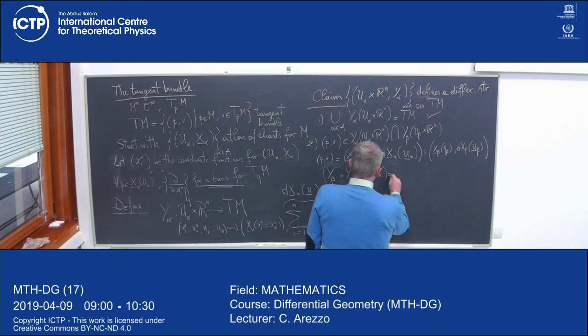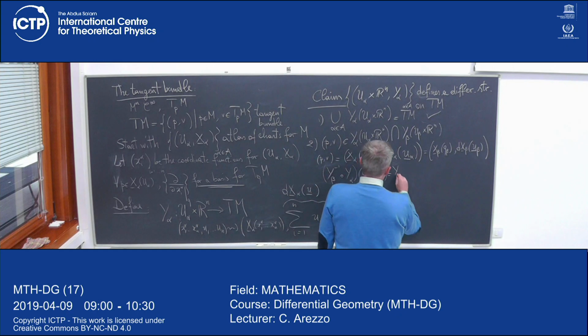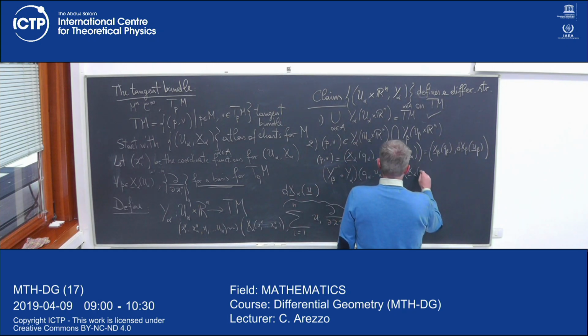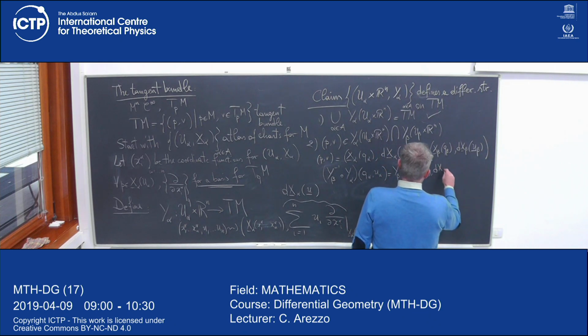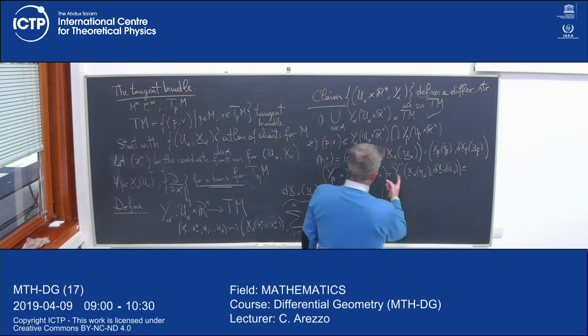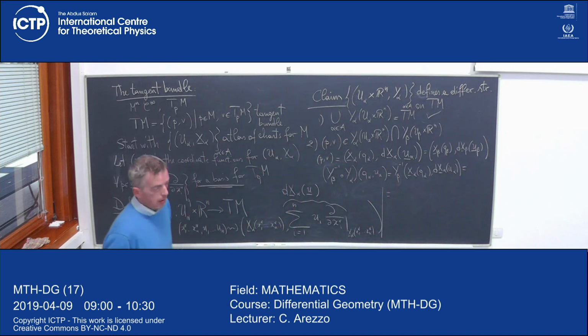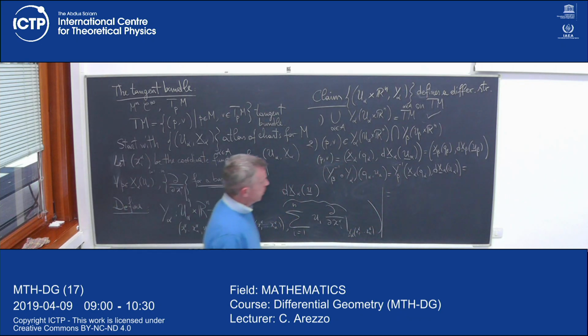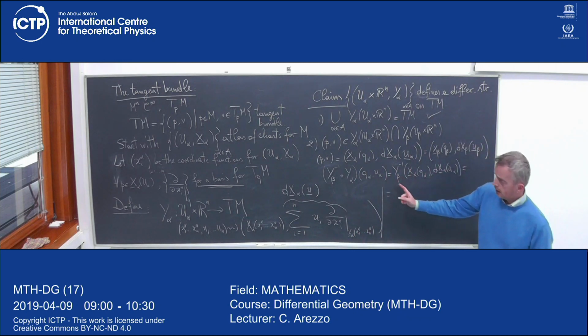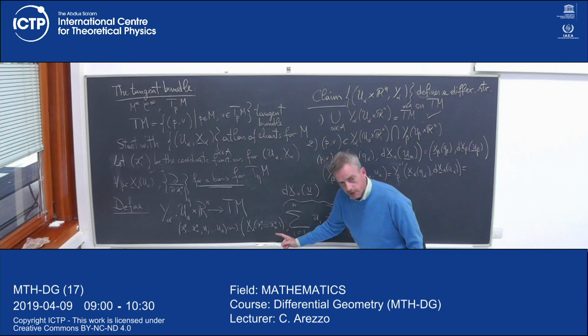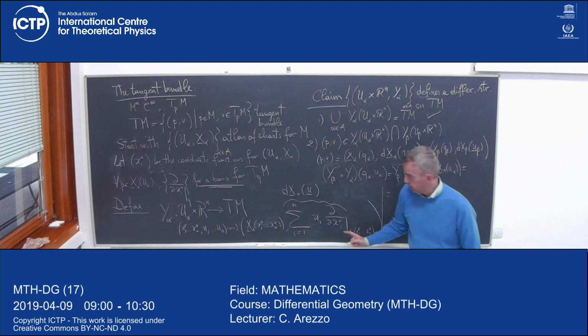It's written here what it gives me. One step I just copied. This is Y beta inverse of X alpha of Q alpha, dx alpha of U alpha. Now, this is just copying the line above. But now, how does y act? Well, it acts like x on the first part and like dx on the second part.